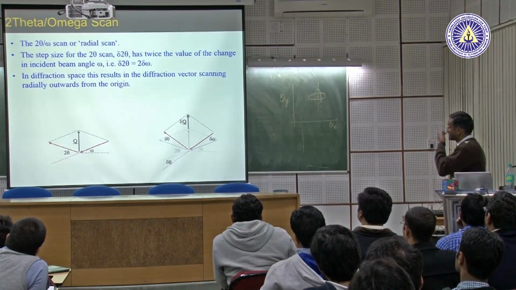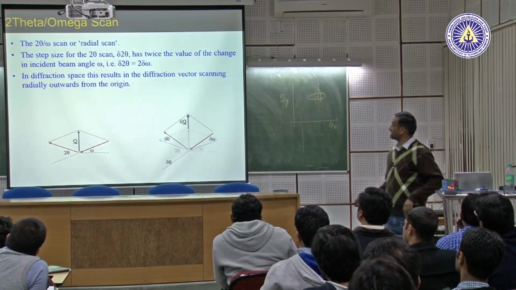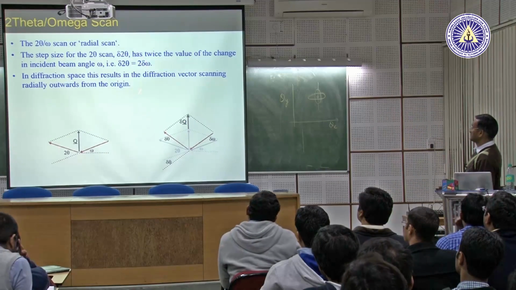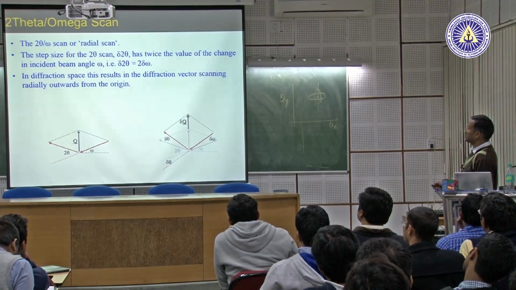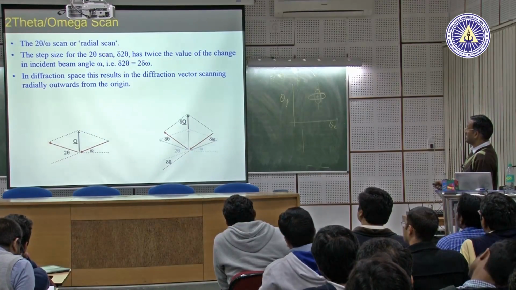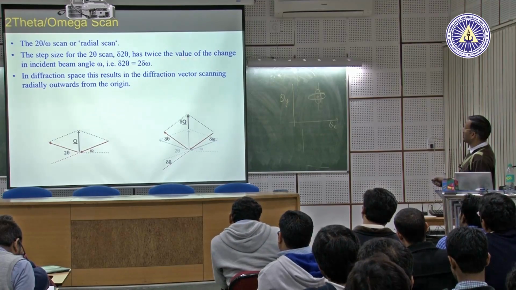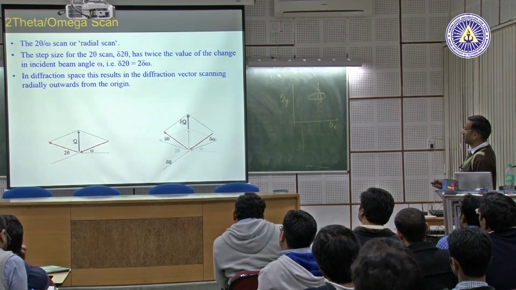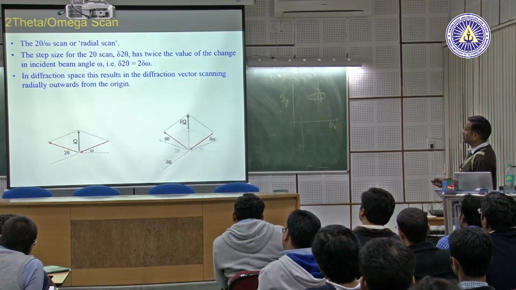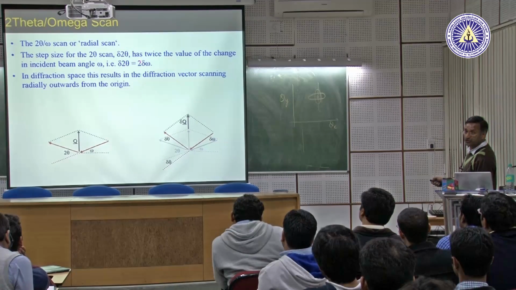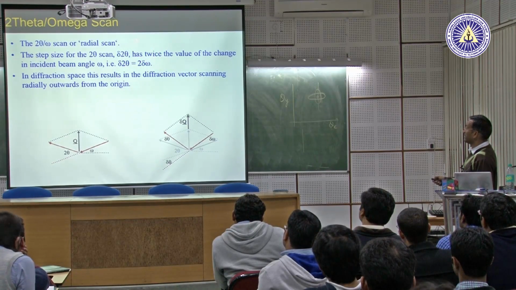A 2 theta omega scan is typically called a radial scan. The step size, delta 2 theta, has twice the value of the change in incident beam angle omega, which means delta 2 theta is equal to 2 times delta omega.